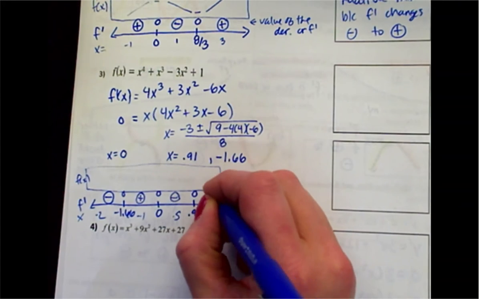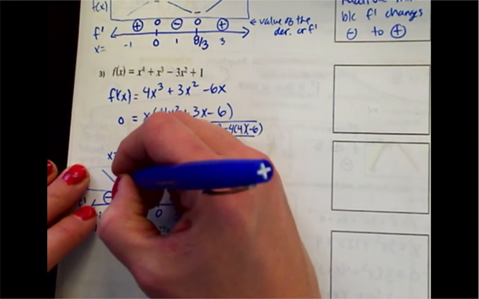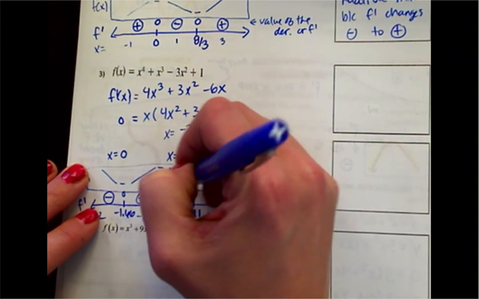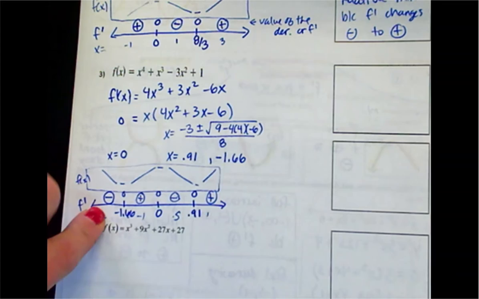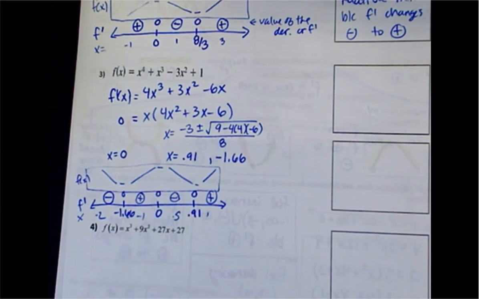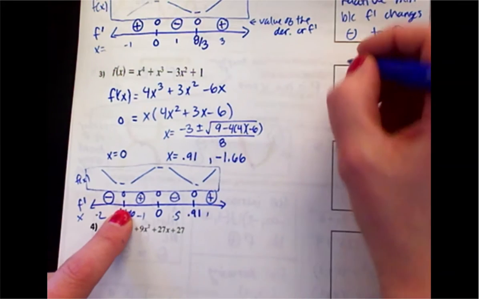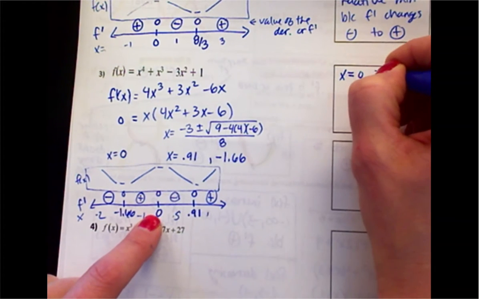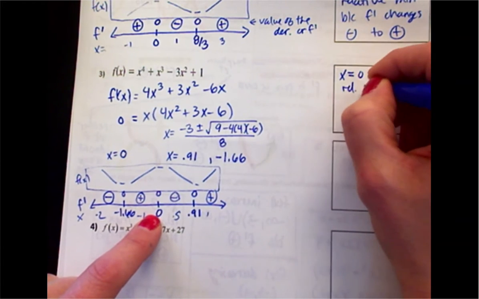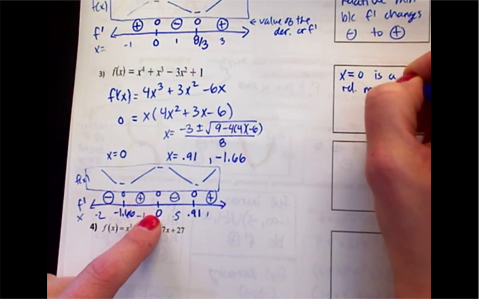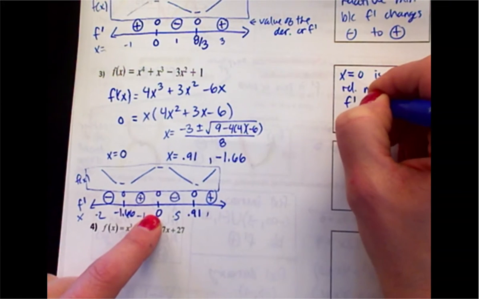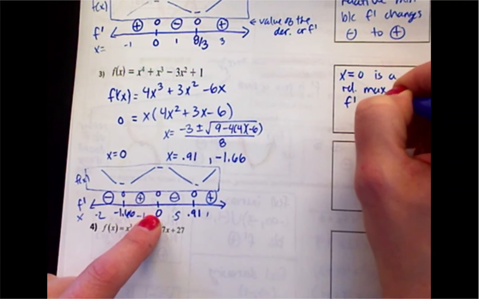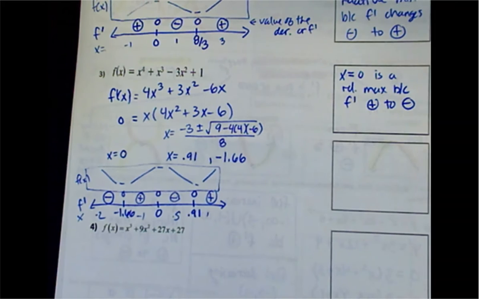So I get positive. Down, 0, up, 0, down, 0, up. That looks like a quartic graph, which means x equals 0 is a relative max because f prime goes plus to minus.